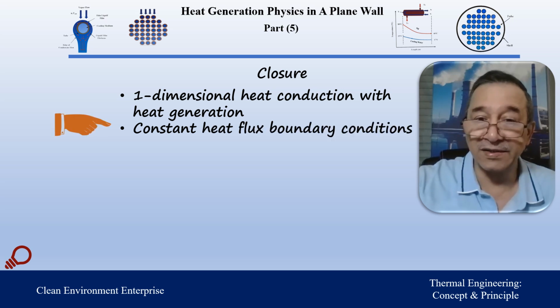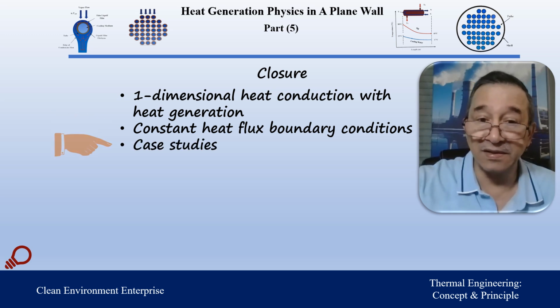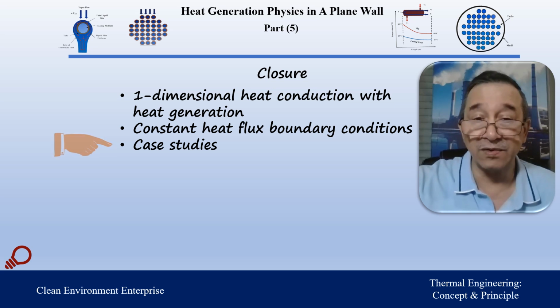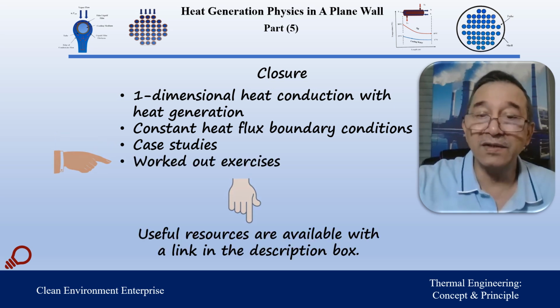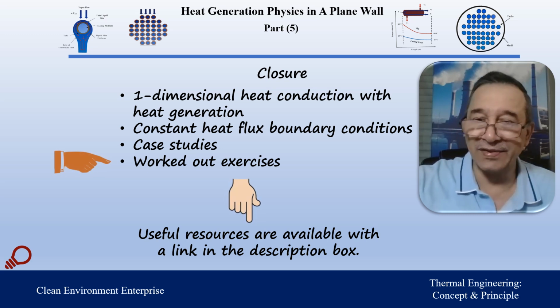Constant heat flux boundary was used in different forms, and case studies were considered for the derivation of the temperature distribution inside these walls, and we worked out exercises where we can find such conditions in industrial applications.